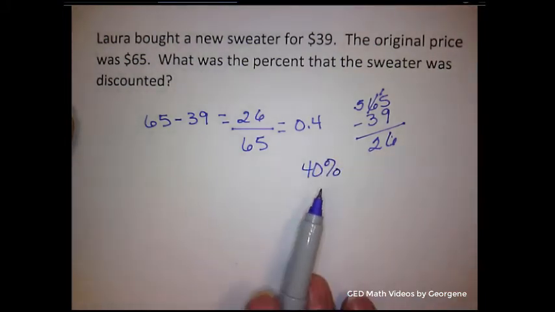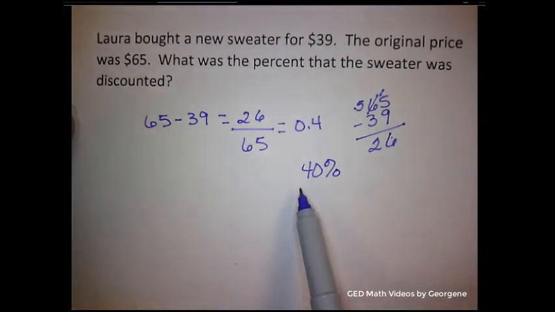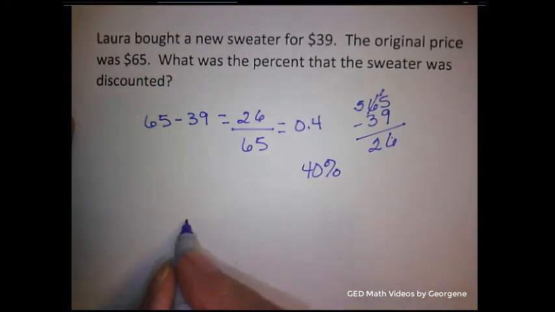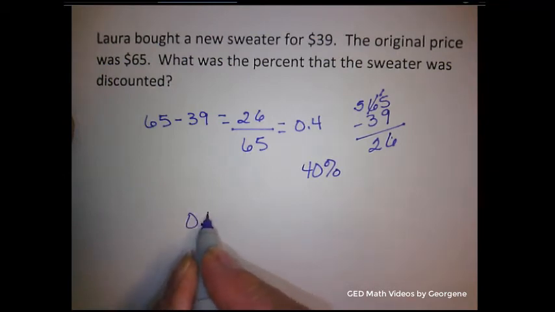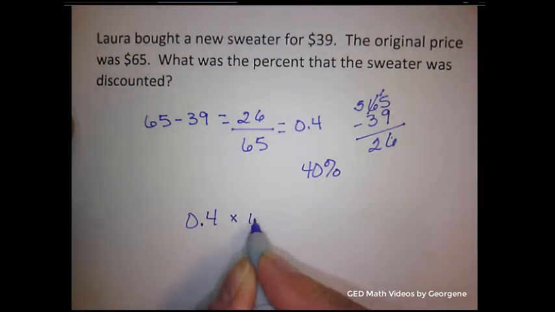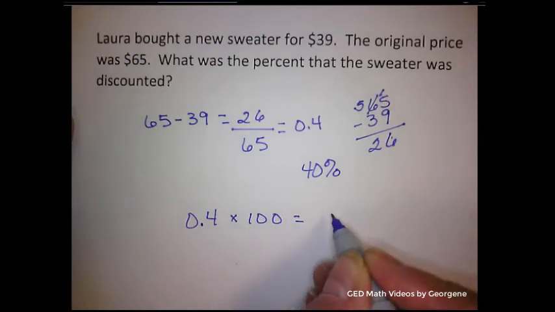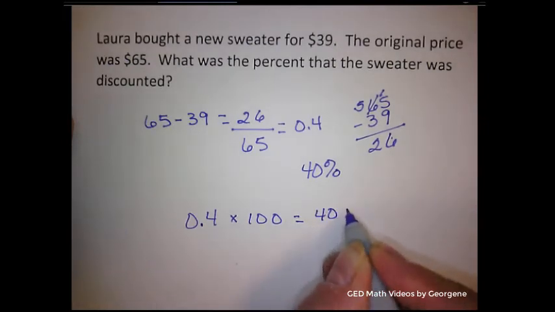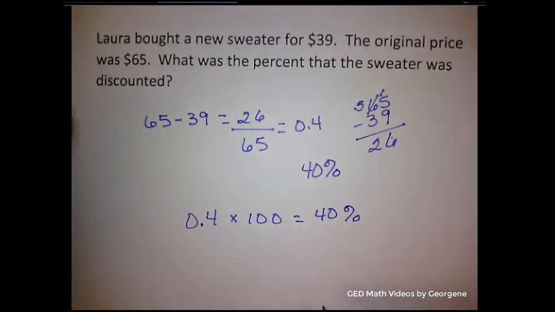But let's say we didn't have that calculator in front of us, or we could maybe do it a quicker or a faster way. If we wanted to, we could take 0.4 and we could take that times 100. Guess what? That's going to give us 40%. And finally, our third way is that if we want to change a decimal number, in this case 0.4, to a percent, we simply locate that decimal point and we're going to move it 2 places to the right.